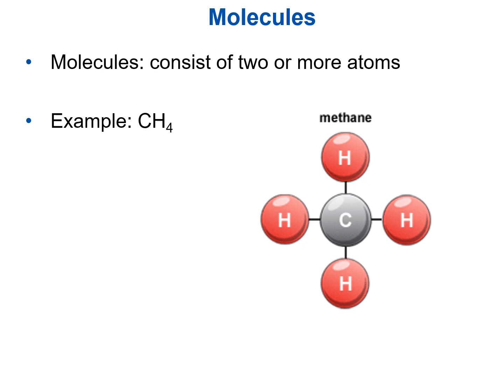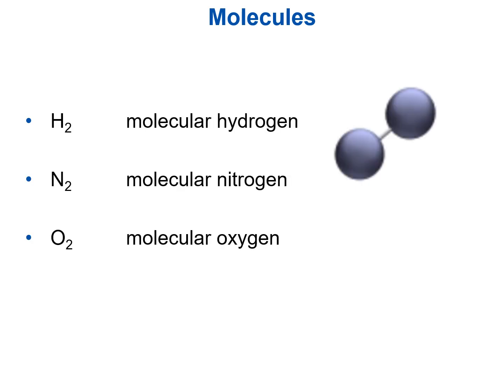CH4 is methane, one atom of carbon and four atoms of hydrogen. These are some simpler molecules, but they are ones that come up a lot in astronomy. They come up as we talk about the atmospheres of planets and in nebulae, which are clouds of gas that are out there in space.